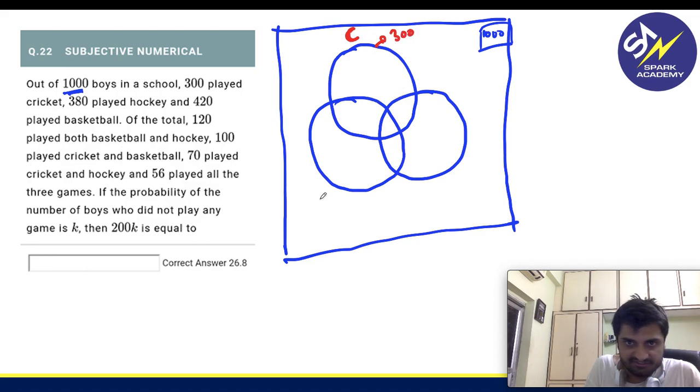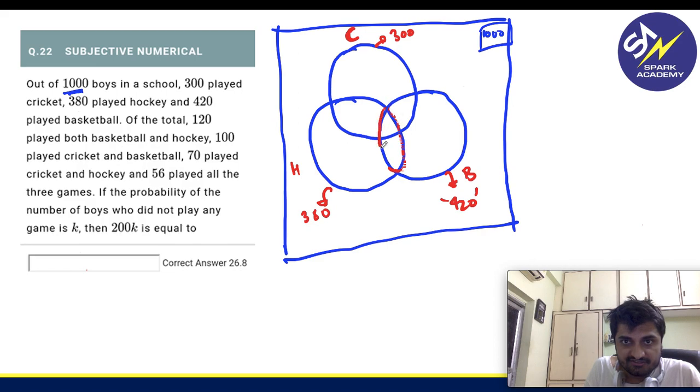That means all these regions combined. 380 played hockey. So I can write 380. And 420 played basketball. Out of the total, 120 played both basketball and hockey.